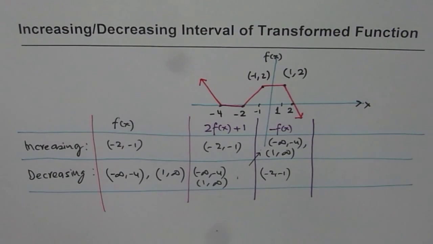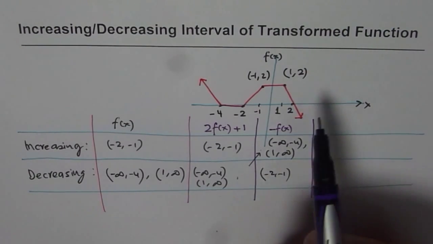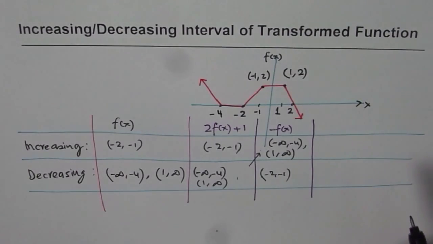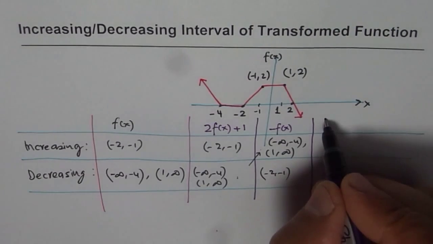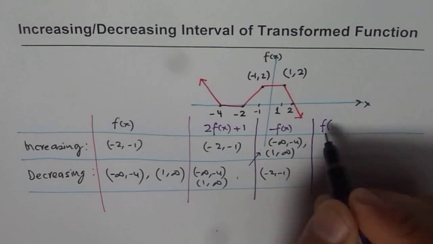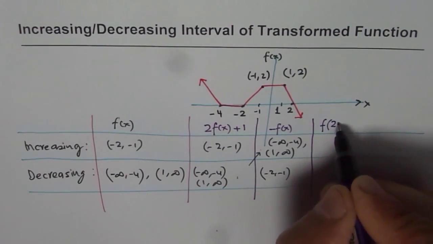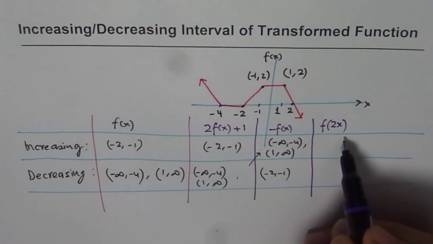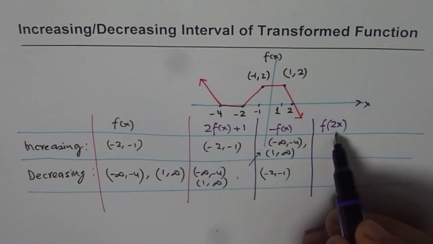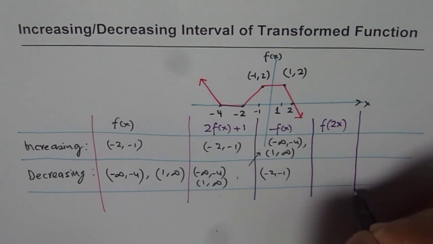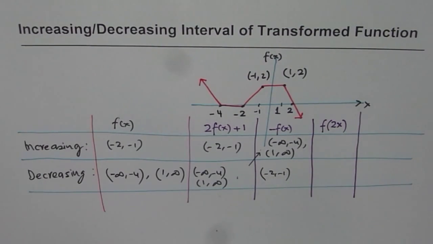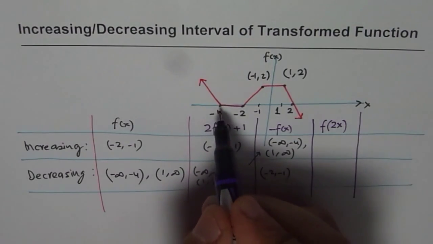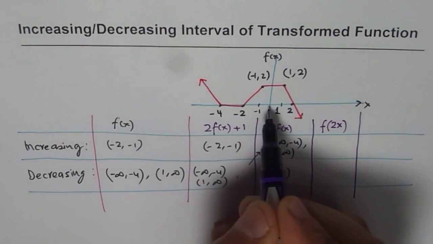And now let us see what happens when a horizontal stretch or compression or translation is performed. So we'll take a function which is f of, let us say, 2x. Now when I say f of 2x, that means the function is horizontally compressed by a factor of half, right? When I compress the function horizontally, all these points will move inwards halfway.